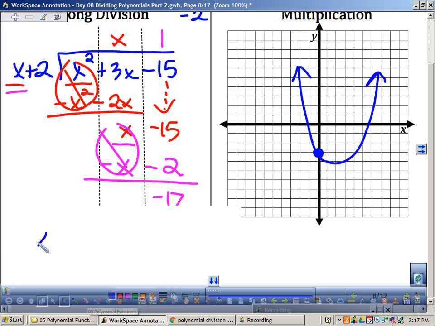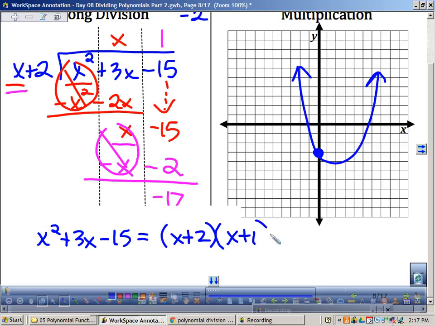I have a polynomial function, x squared plus 3x minus 15 is equal to, if I factor out x plus 2, I'm going to get x plus 1. But I know that those are not zeros of my graph because why? Because I have negative 17 left over.